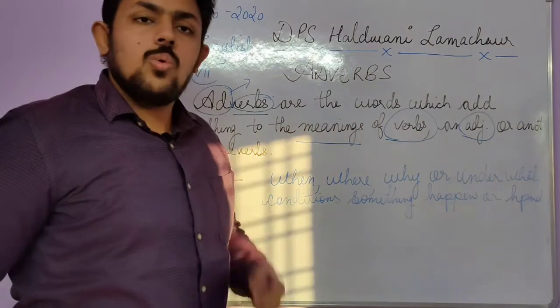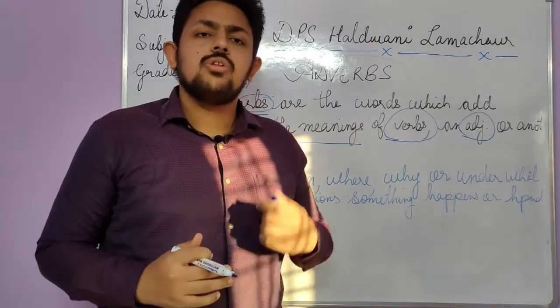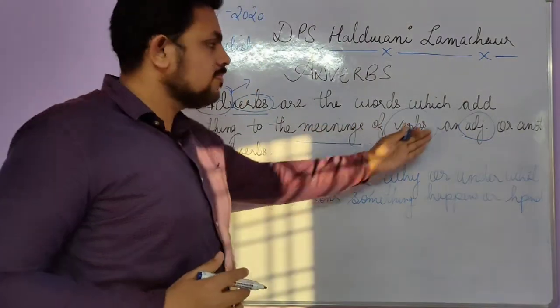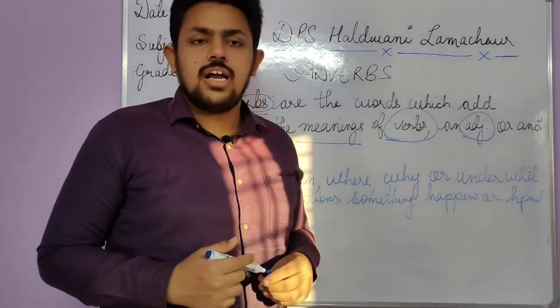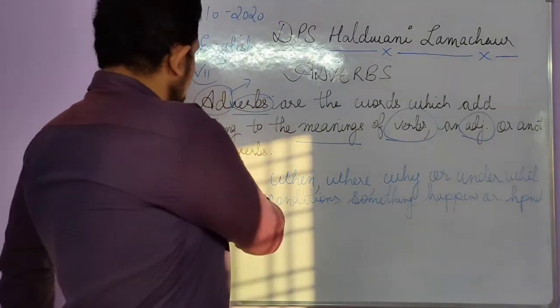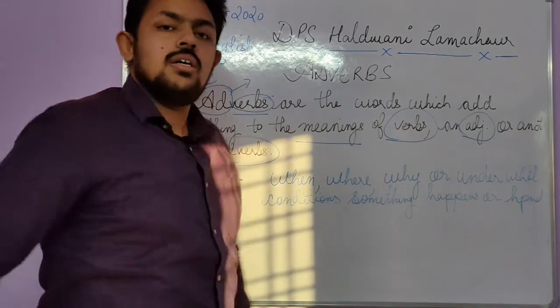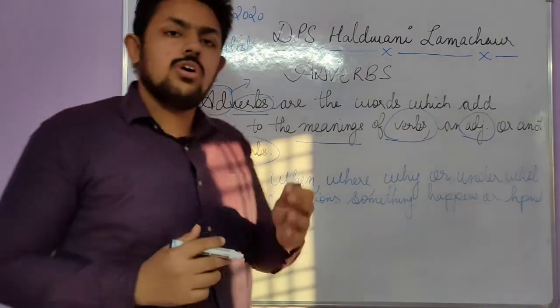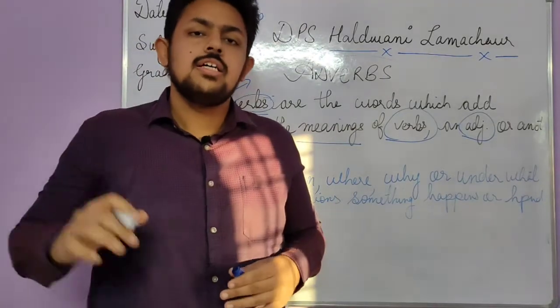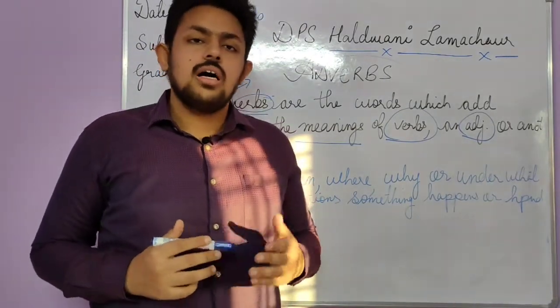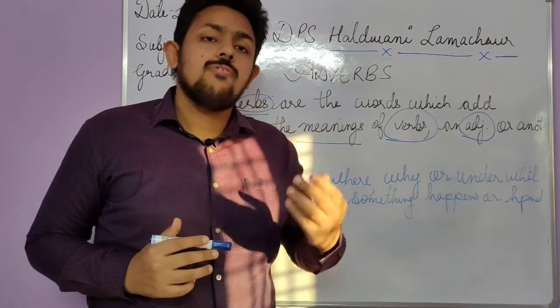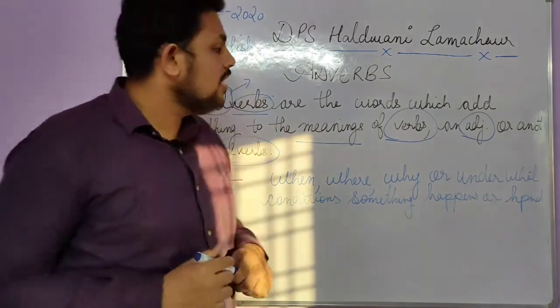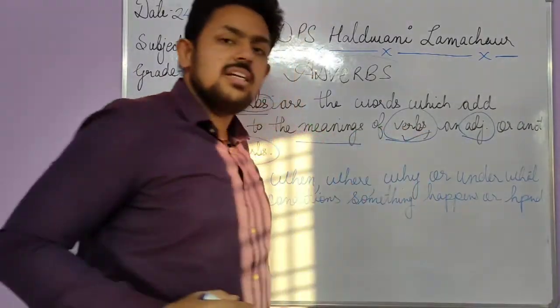So the words which add something to the meaning of a verb, adjective or another adverb are known as adverbs. Let us understand this way, that you have a sentence. So adverbs are the words which modify, which add something to the verbs present in the sentence.